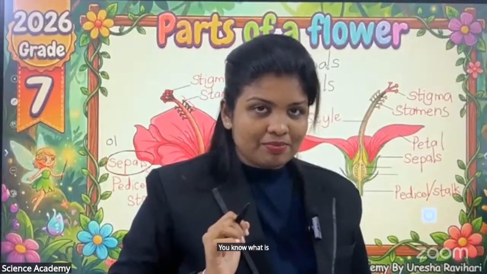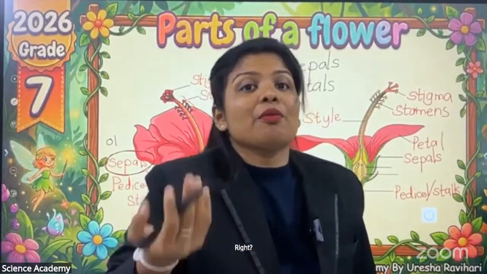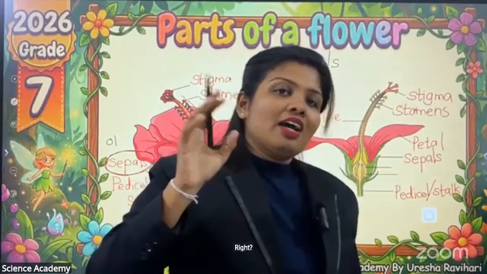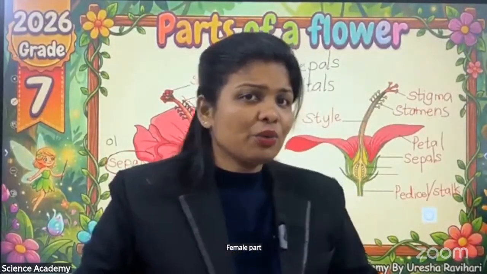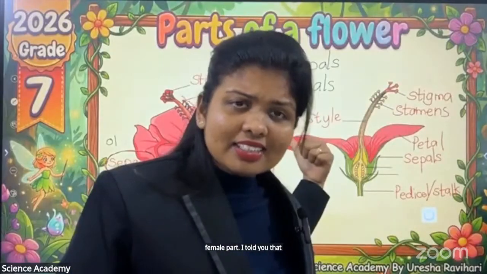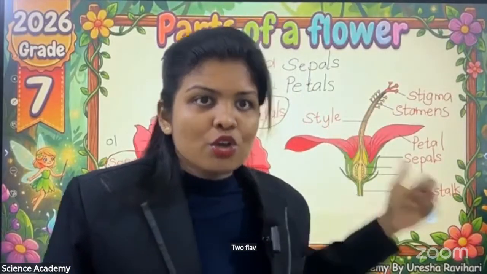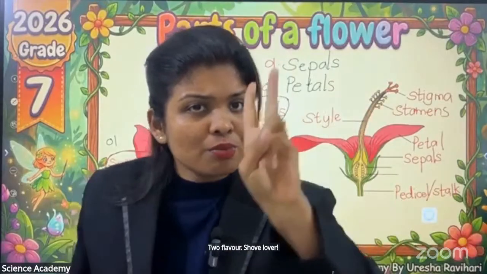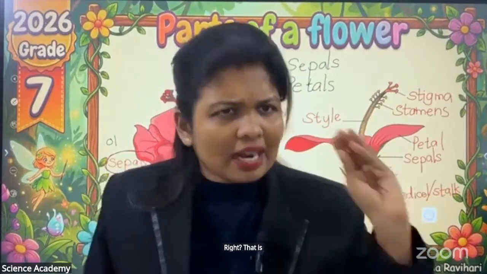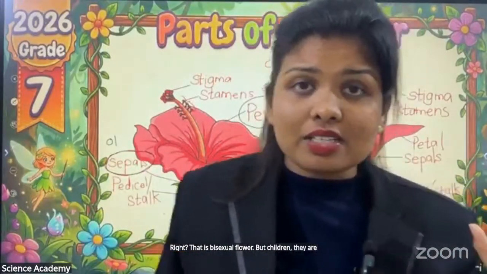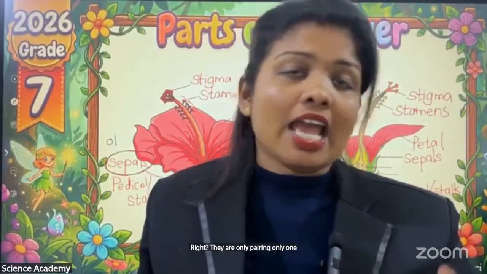You know what androecium is, right? Androecium means the male part. Gynoecium means the female part. I told you why we selected the shoe flower. Shoe flower has both sexes, that is a bisexual flower. But some flowers bear only one type of sex, either androecium or gynoecium.